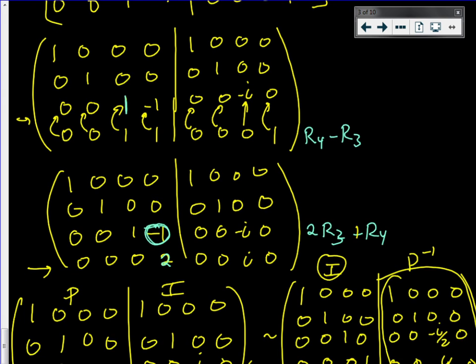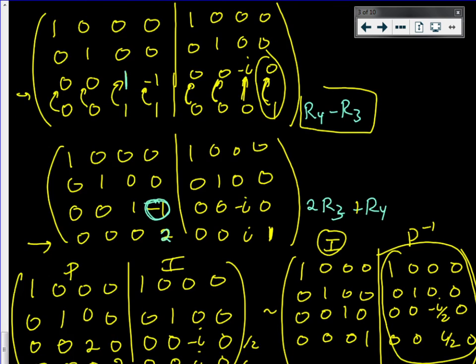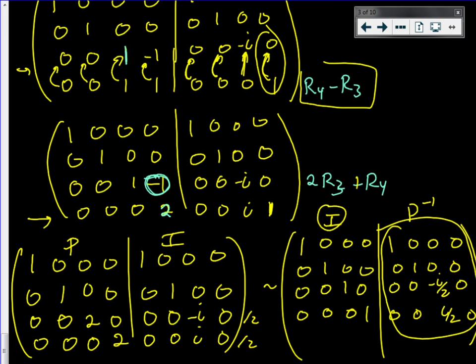Okay, it clearly says to do row 4 minus row 3, and I even put the arrows. 1 minus 0, 1 minus 0 is not 0, it's a 1. That should be a 1 right there. Okay, and then when you do 2 times row 3 and you add row 4, this should be a 1. Oops.